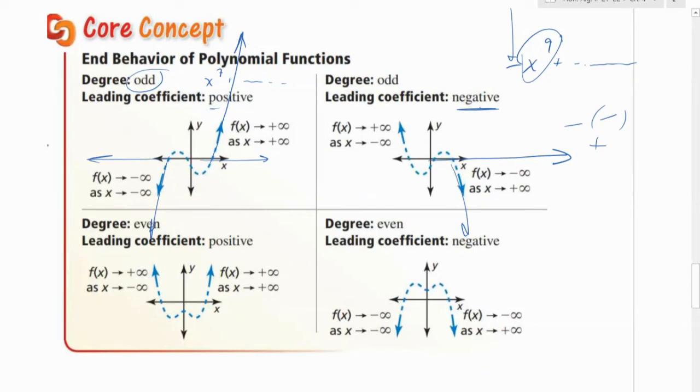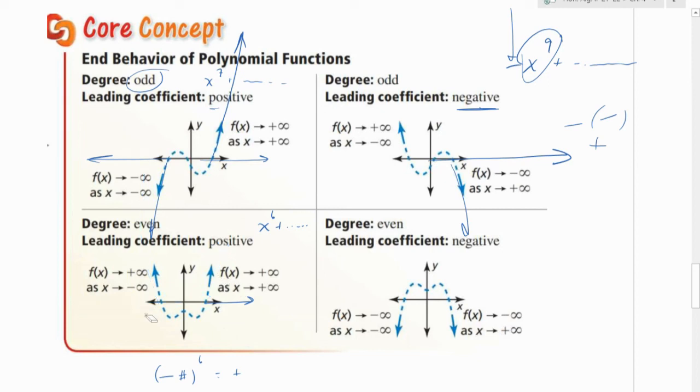However, when you have an even degree term, say it's like x to the 6th plus blah, blah. Heading off toward positive infinity, it's going to get bigger. You take negative numbers to the 6th, you're going to get positive numbers. And then as they head towards negative infinity, absolute value-wise, those numbers are huge. Raise them to the 6th power, they're going to be even huger.